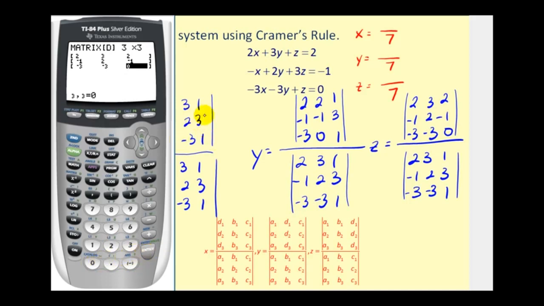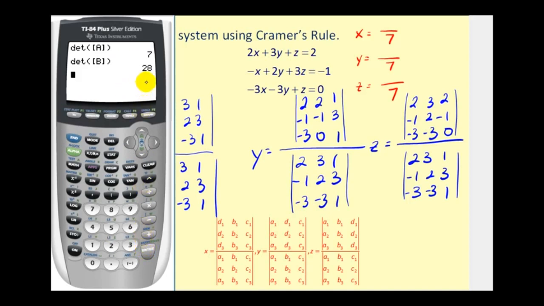Now let's determine the numerators of these values. So remember, the numerator for x would be the determinant of matrix B. So second matrix, math, enter, matrix B. We have 28.